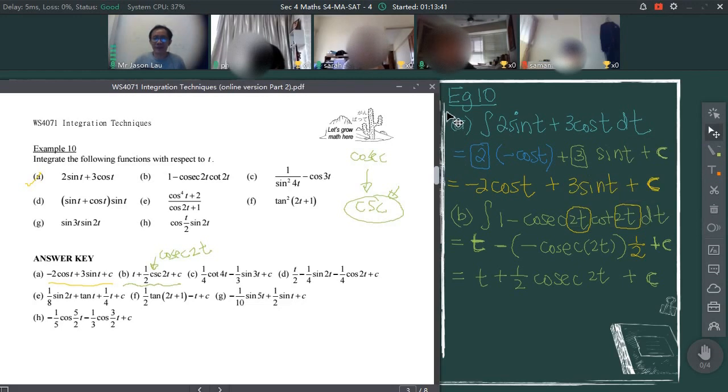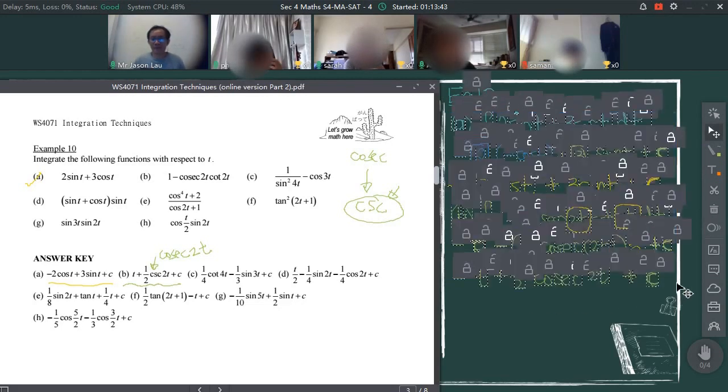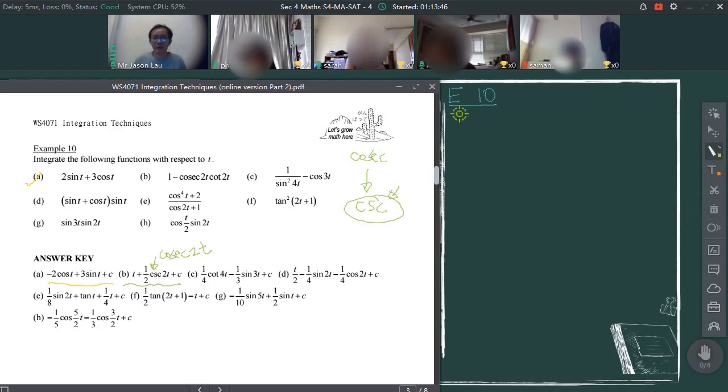Okay. Part C. Part C, I erase this part A and B. For trigo, there's always that difficulty of the problem. Okay, so integrate this guy. This for C. Then we go back to the formula.